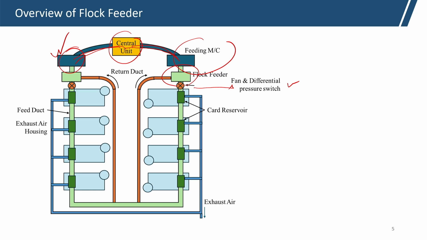The feeding machine supplies the fiber, then the flock feeder feeds the fibers to the different carding machines. Through the fan, air pressure is generated, and the differential pressure switch ensures the required air pressure. When fibers are fed through the flock feeder, the air stream carries the fiber, and excess air comes out through the exhaust fan.